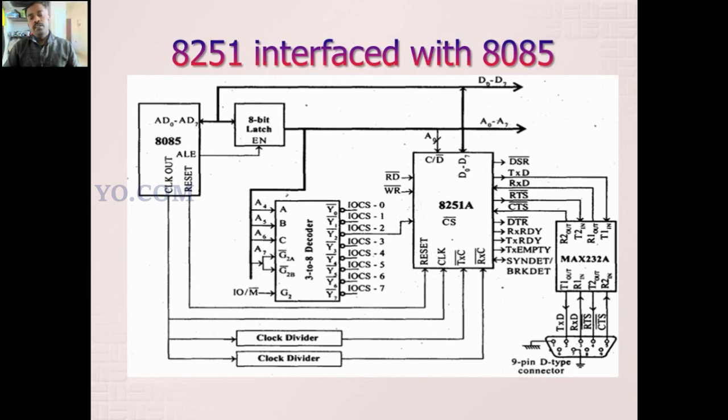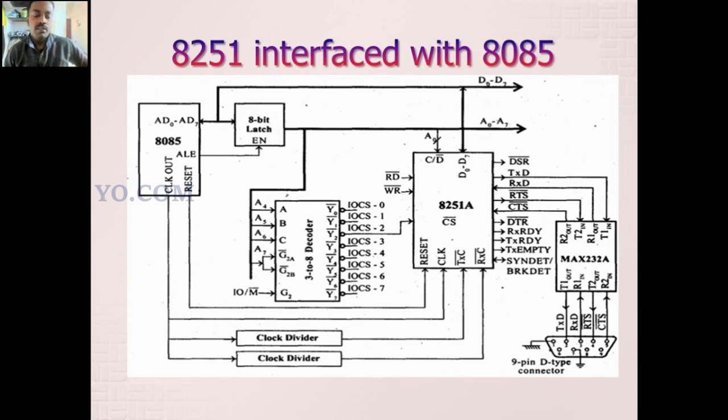So by this session, now you can understand the 8251 block diagram and its explanation, and the modes and control word registers, three control word registers.